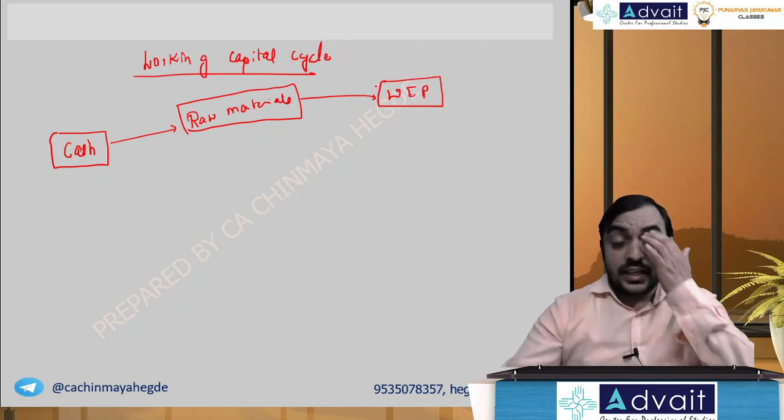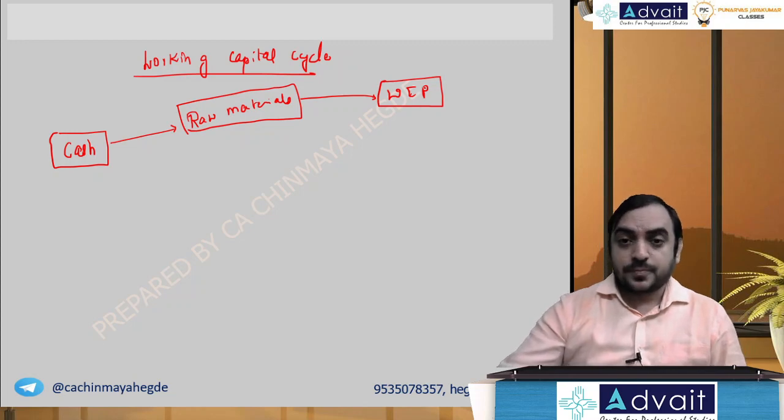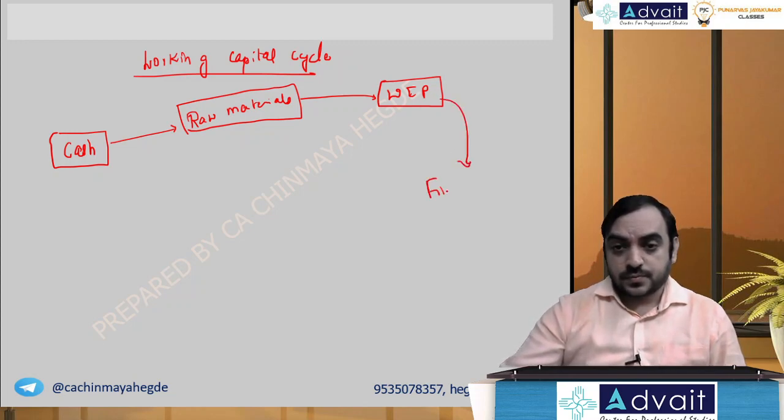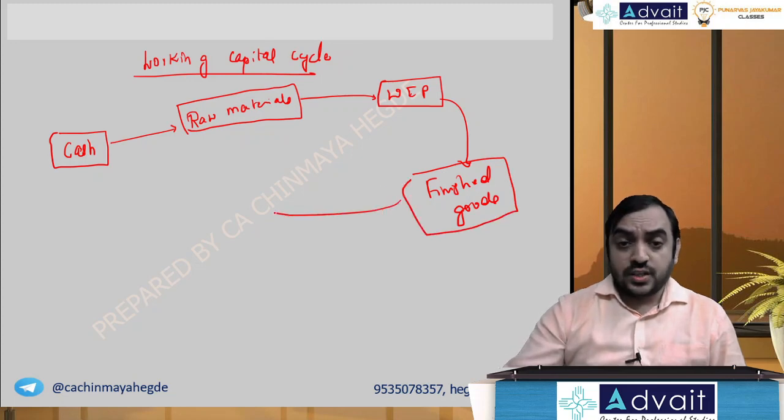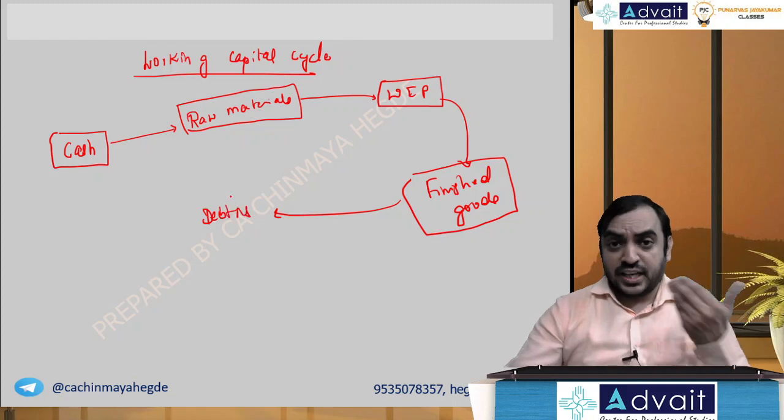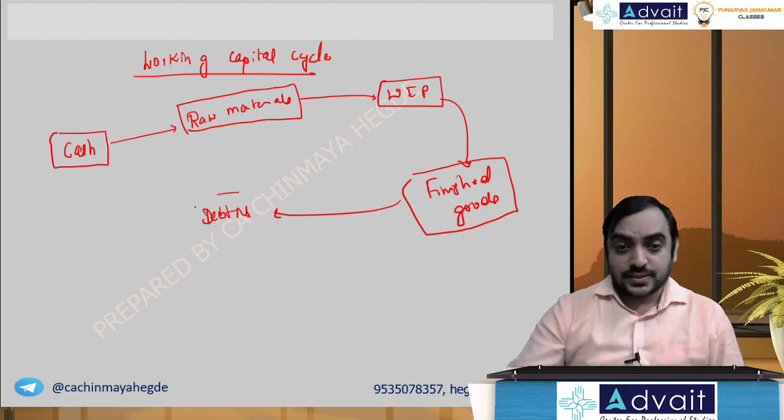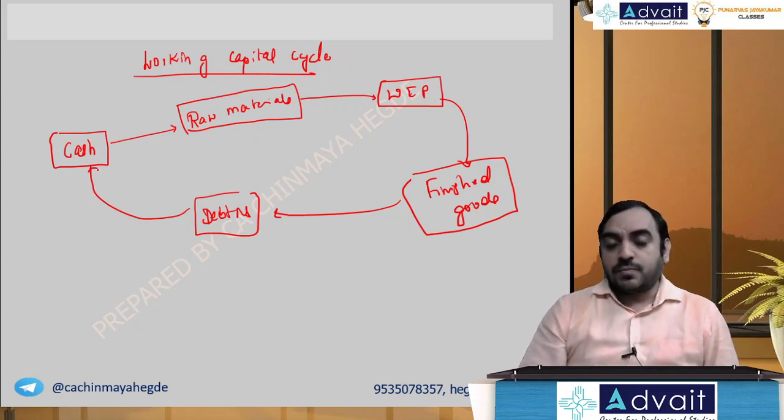That is basically it is issued to the production. Then it becomes finished goods. After that it is sold to customer. They become debtors when you sell on credit basis, and when you collect the money back, that is cash back.